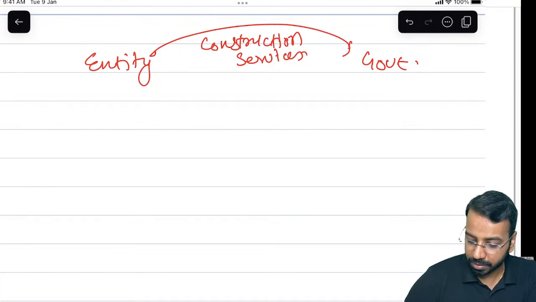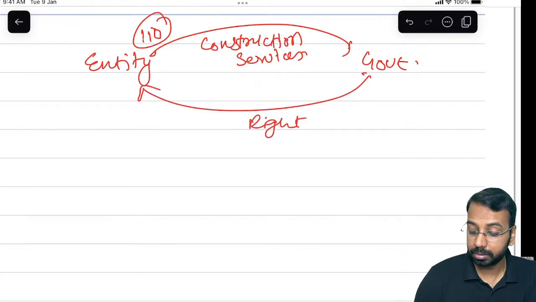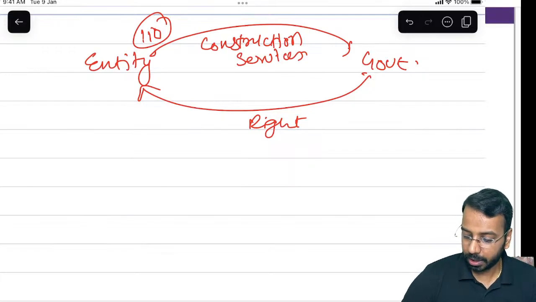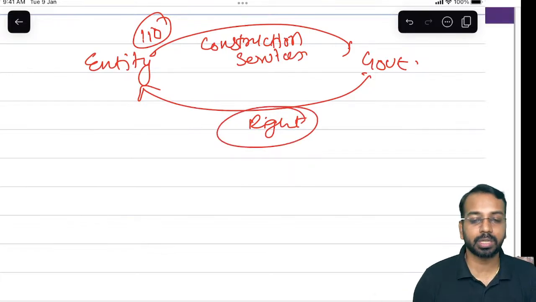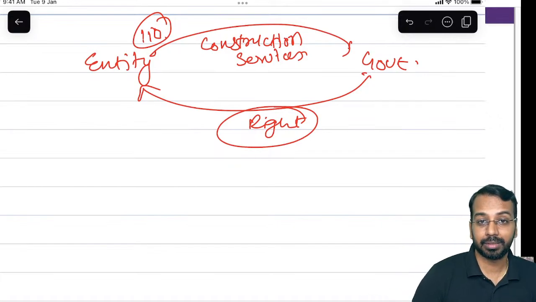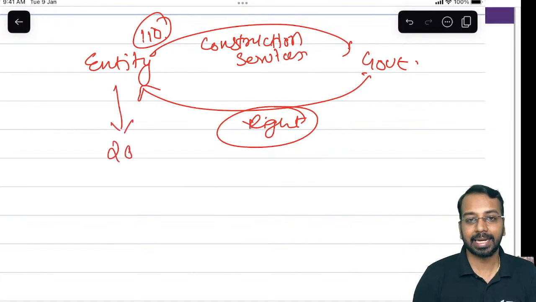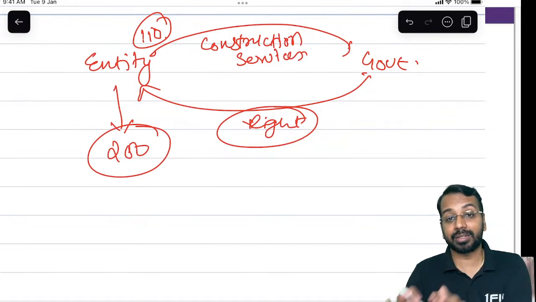For these construction services, the entity has incurred 110, and the fair value of the right that you will receive to collect the toll is 200. In other words, what the government is saying is, you have incurred a cost of 110. In return for that, I am giving you a right to collect. The entity says, okay, that has a fair value of 200. Indirectly, the entity has given construction services.